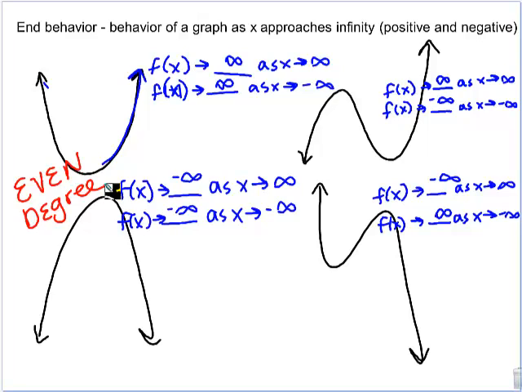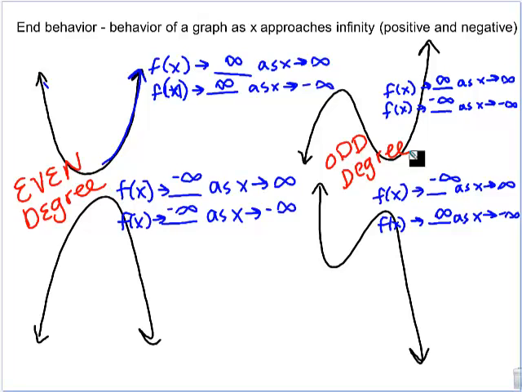When they're ending in opposite directions, like our second 2 graphs over here, it ends up being an odd degree. So these 2 functions on the right-hand side might have a highest degree of 3, or 5, or 7. But if the ends end in opposite directions, it's always odd.